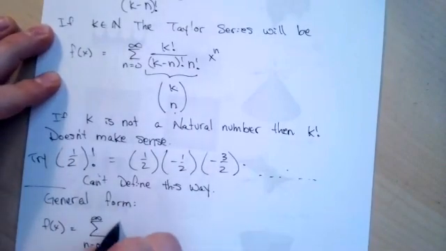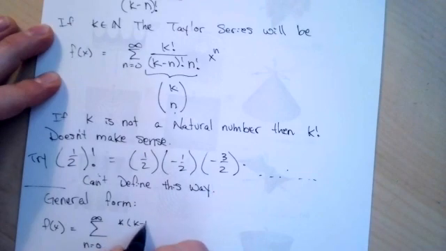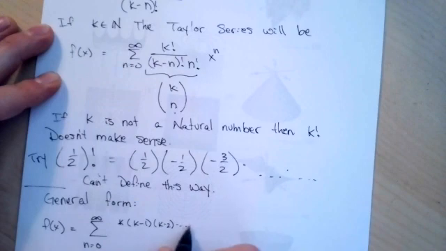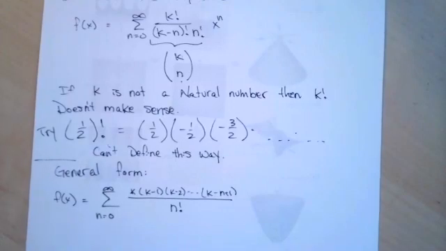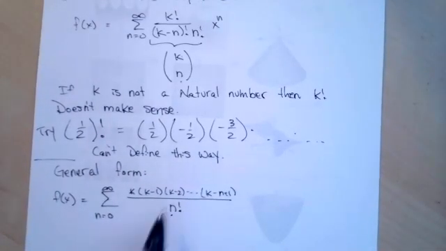So we are going to have a k times k minus 1, k minus 2, all the way down to k minus n plus 1. That n factorial, remember, comes from the derivatives, comes from our formula for Taylor series. So that n being an integer, n factorial does make sense.